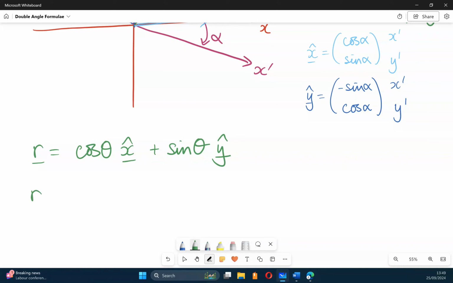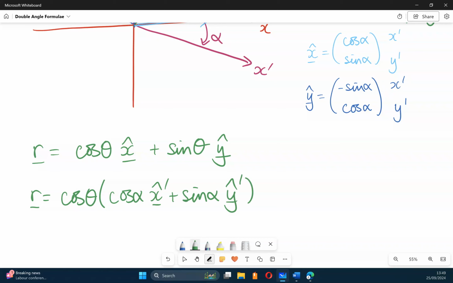So r is equal to cosine theta, and then x hat is equal to cosine alpha x prime hat plus sine of alpha y prime hat, and then plus sine theta, and we have that y hat is equal to minus sine of alpha x prime hat plus cosine of alpha y prime hat.